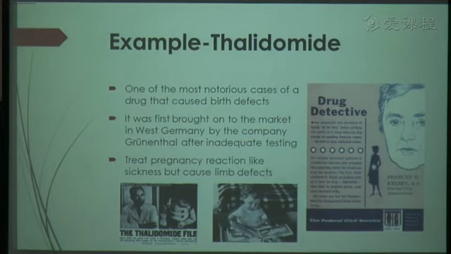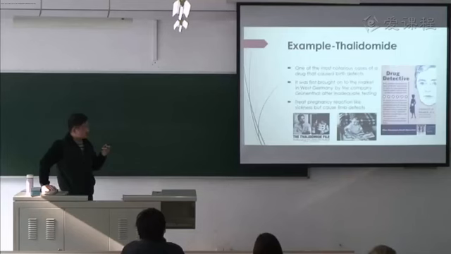At that time, the drug taken by pregnant women was not seriously or strictly controlled. And they did not test the effect of this on pregnant women. They only tested the effect of the drug on pregnant rodents, I believe. That's because of this inadequate testing.